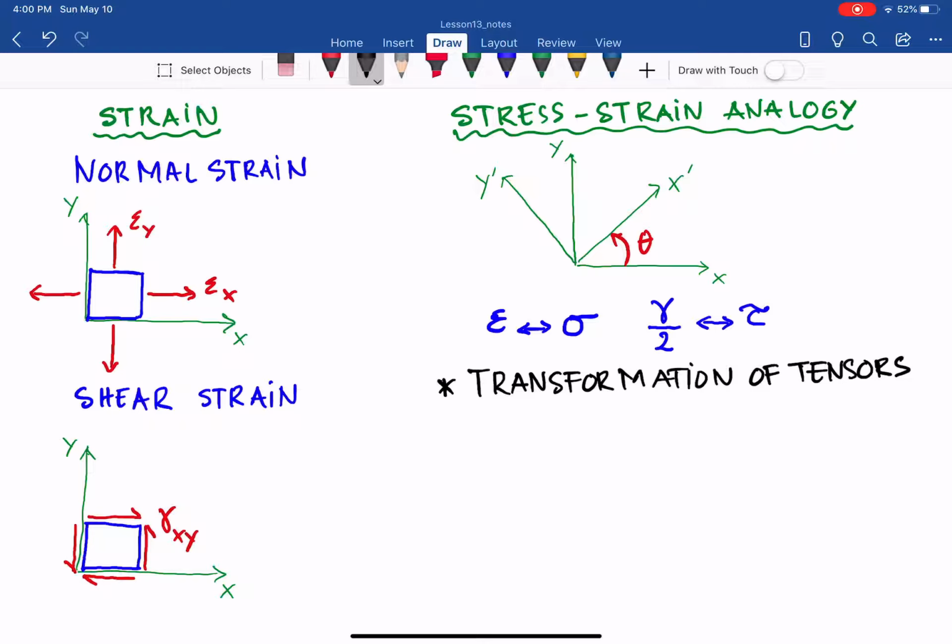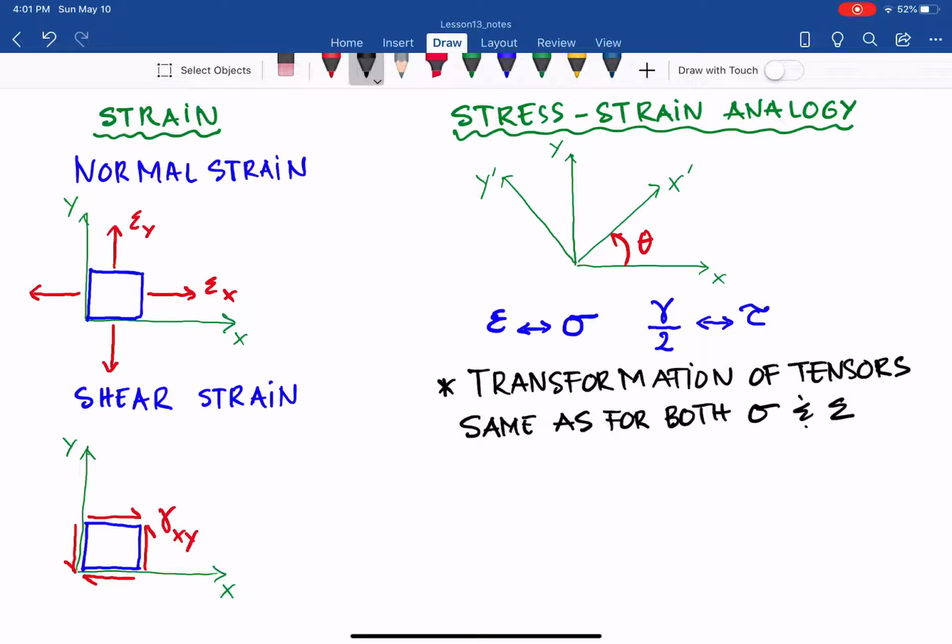Okay, so with that, we have the same for both sigma and epsilon. It means same stress and strain. The transformation of those tensors that we just learned will be similar.